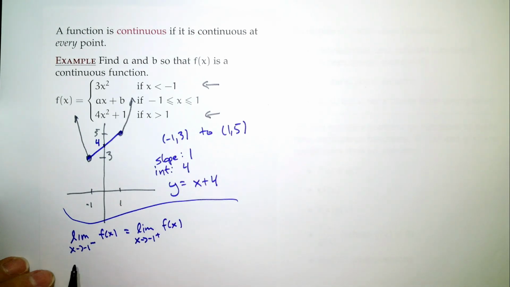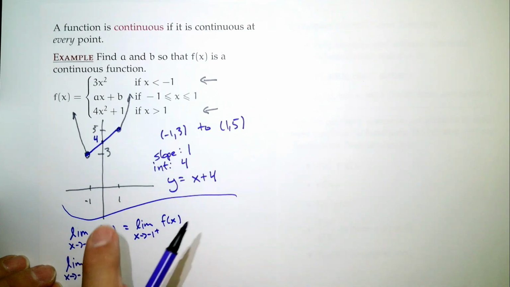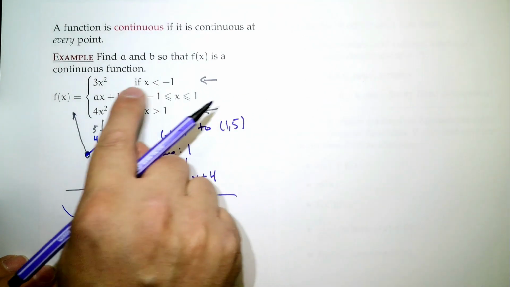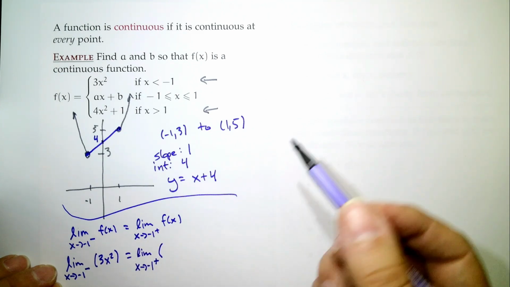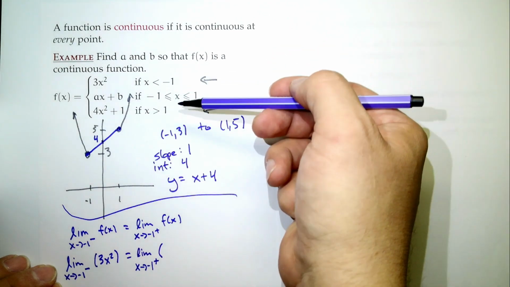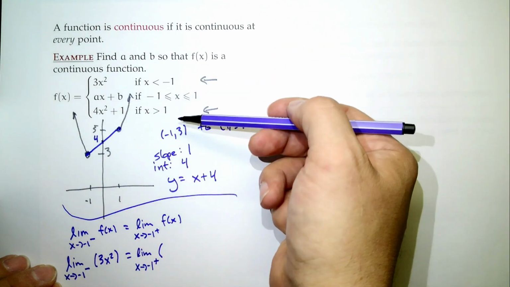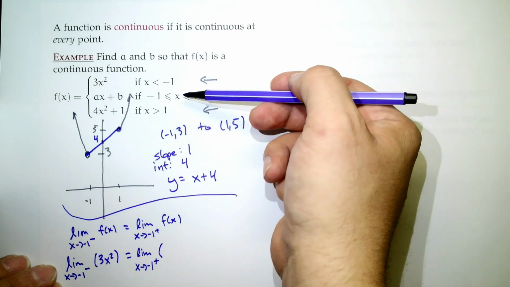If I'm coming to negative 1 from below, I can replace what my function is, because if I'm below negative 1, my function is 3x squared. So this is the limit as x approaches negative 1 from below of 3x squared, which has to equal the limit as x approaches negative 1 from above of, and now I go to the part that's just above negative 1. I don't want the part that's way above negative 1, just above negative 1.